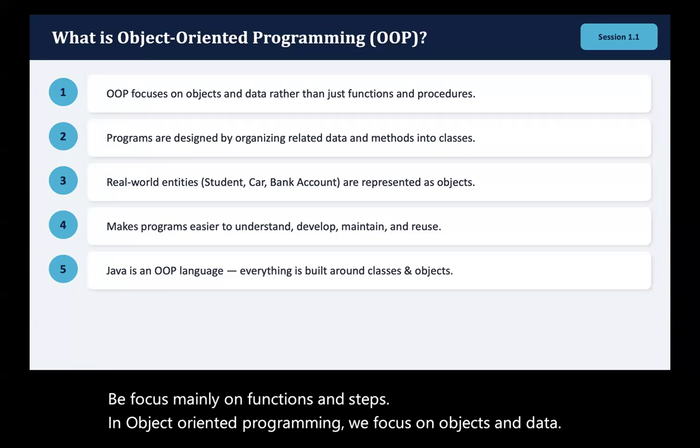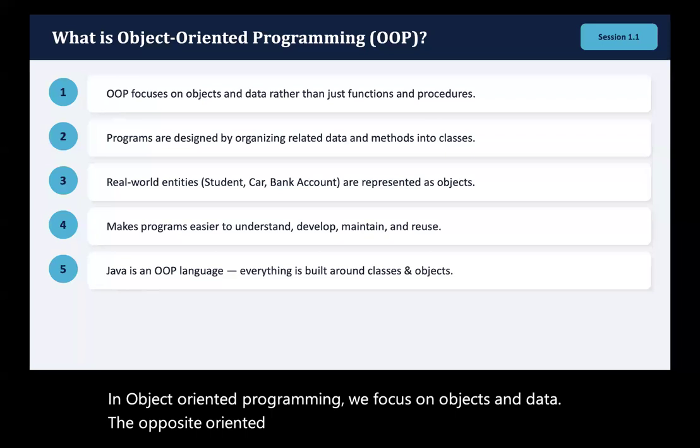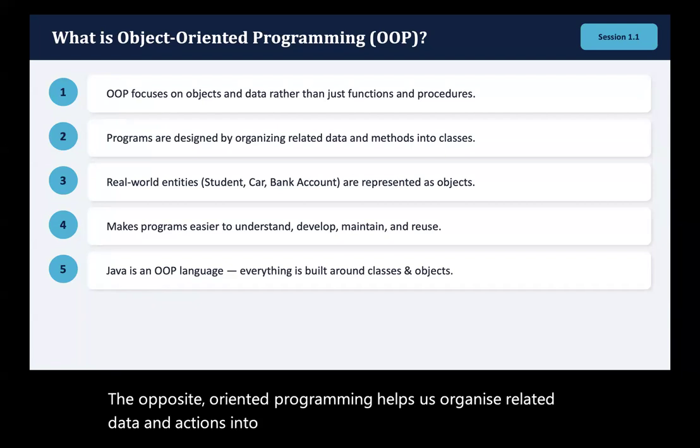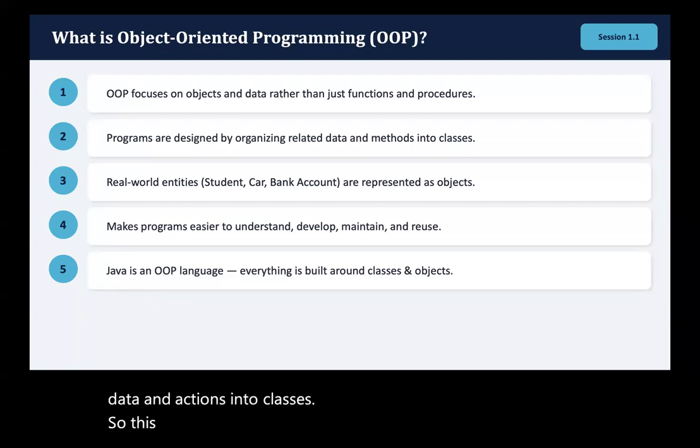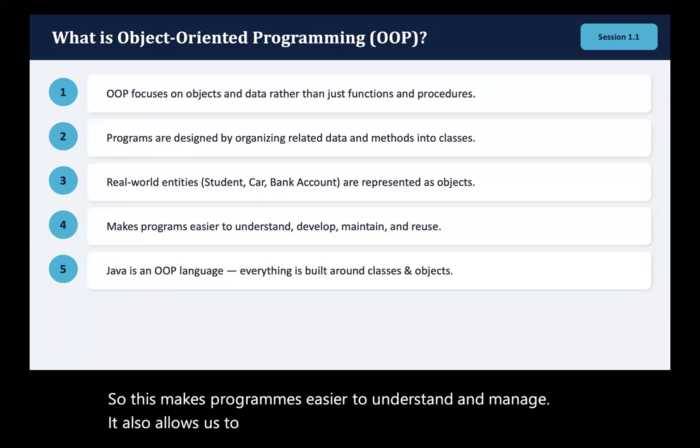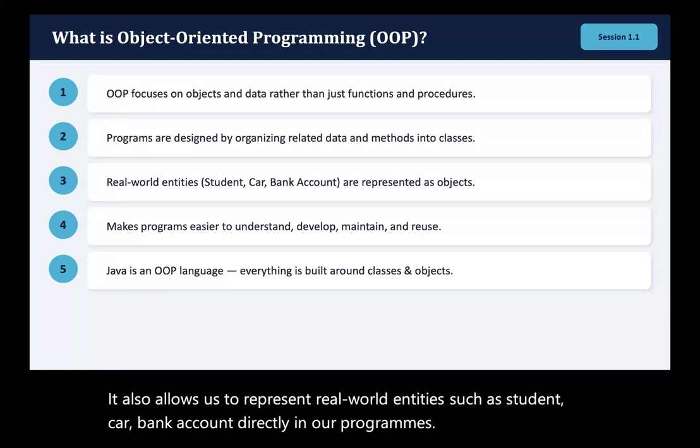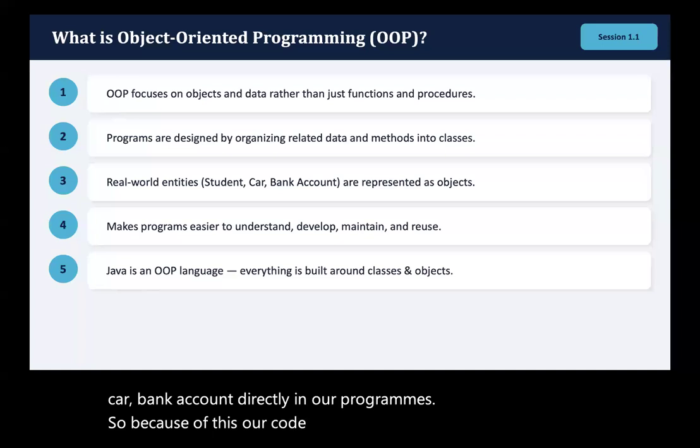So object-oriented programming helps us organize related data and actions into classes. This makes programs easier to understand and manage. It also allows us to represent real-world entities such as student, car, bank account directly in our programs. Because of this, our code becomes more organized, reusable, and easier to maintain.